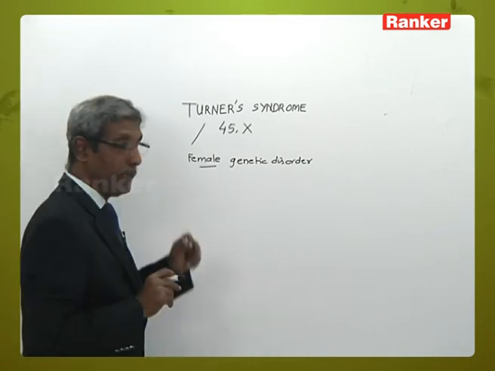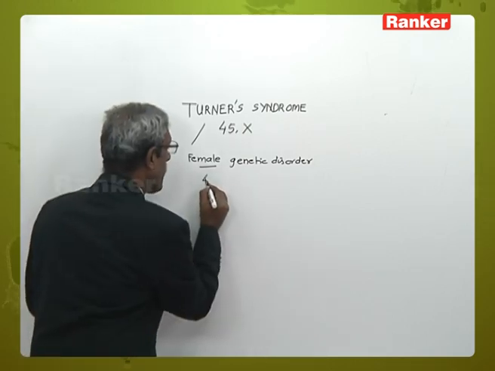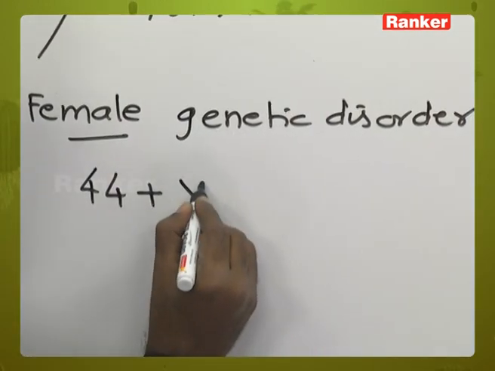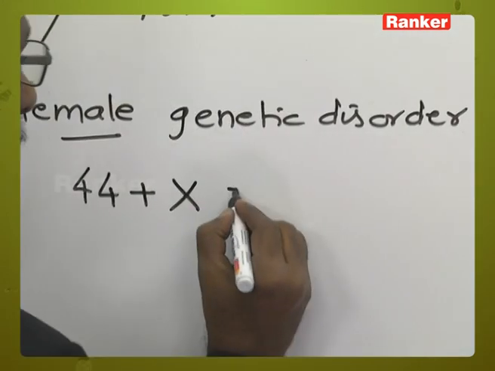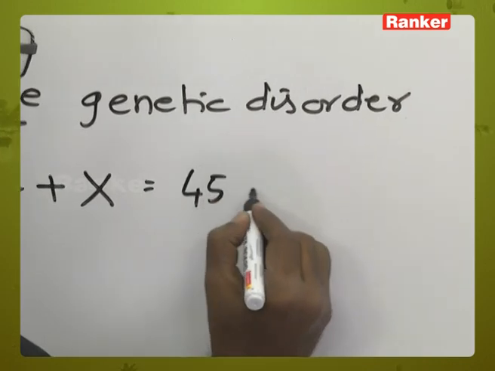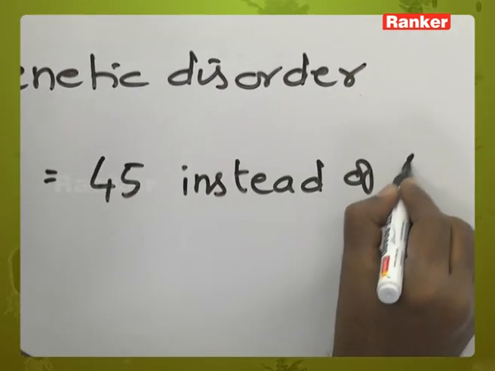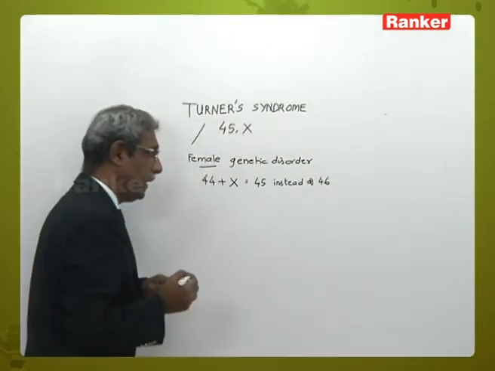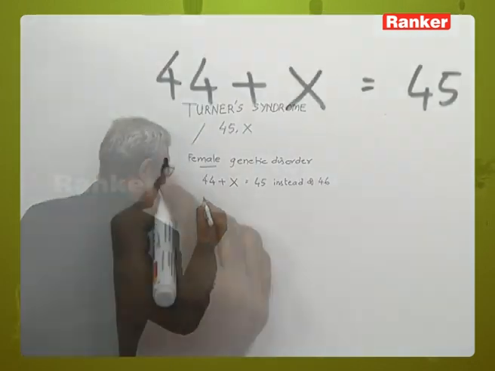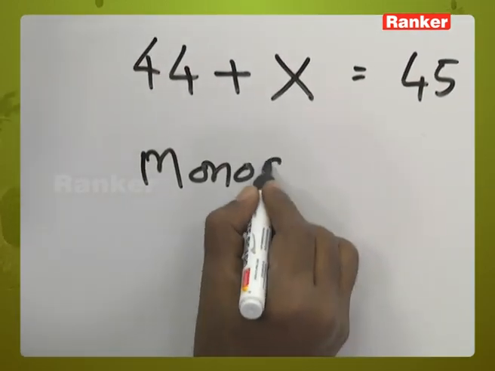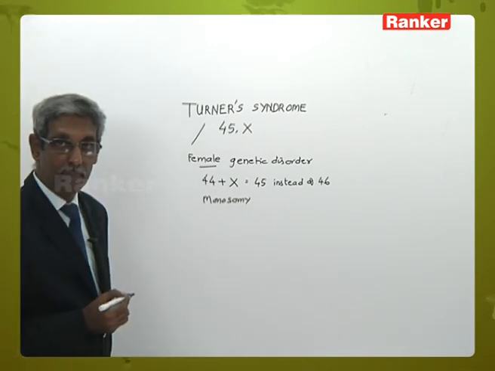In Turner syndrome, there is the presence of 44 plus X, which is equal to 45 instead of 46. This condition is otherwise termed monosomy.